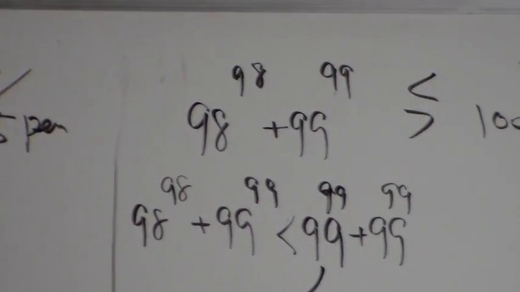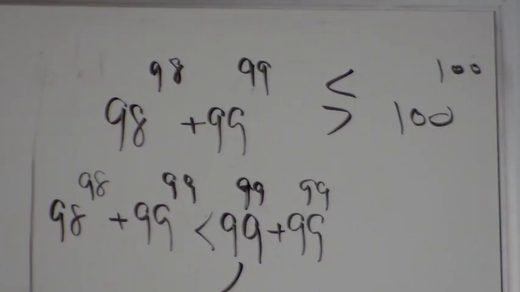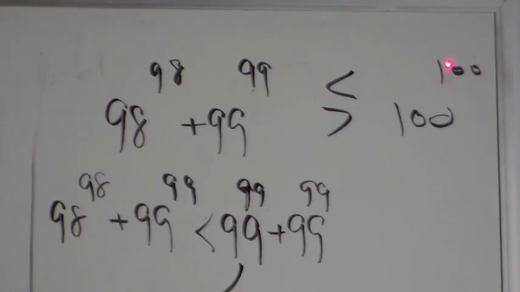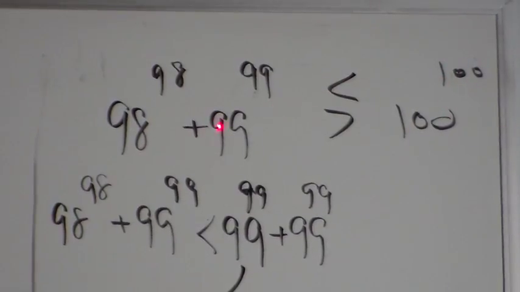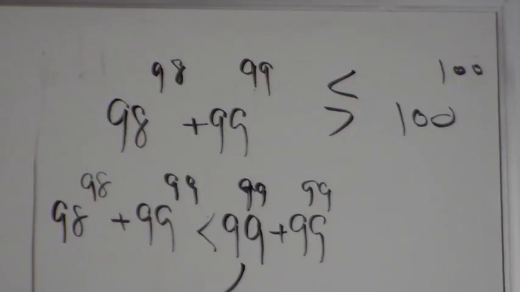Also, next one is this one. This is also a good trick, kind of refreshing, widening your knowledge. 98 to the 98th power plus 99 to the 99th power, is it greater or less than 100 to the 100th power? We can figure it out little by little. We call it the squeeze theory.